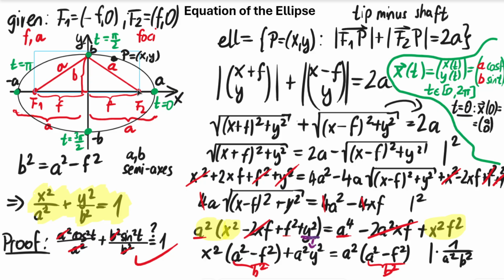Then you take a string that is exactly 2a long, 2 units long, whatever, meters. You stretch the string tightly and move around, keeping the string tight so that the sum of the distances to the 2 foci is always 2a. By doing this, you trace out the shape of an ellipse-shaped flower bed. This is also called the gardener's method.